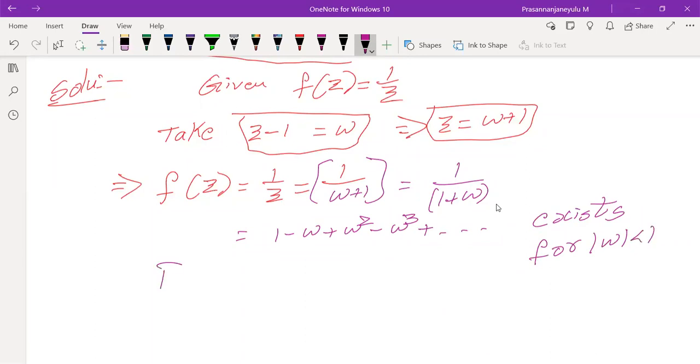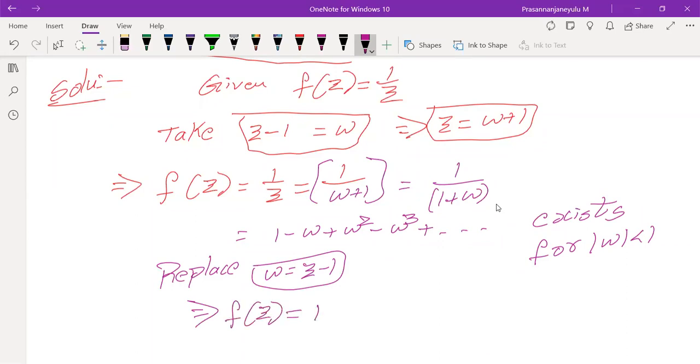Then replace w. What do we replace w with? Replace w equals z minus 1, as we have taken. So that implies f of z equals 1 minus (z minus 1) plus (z minus 1) whole square minus (z minus 1) whole cube plus and so on.